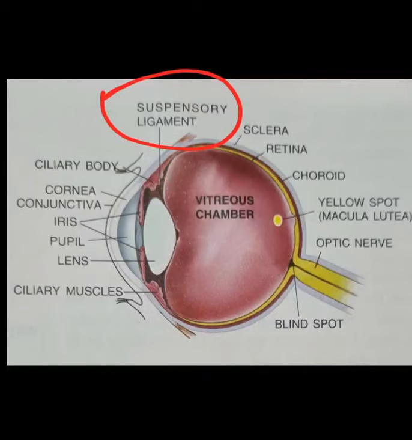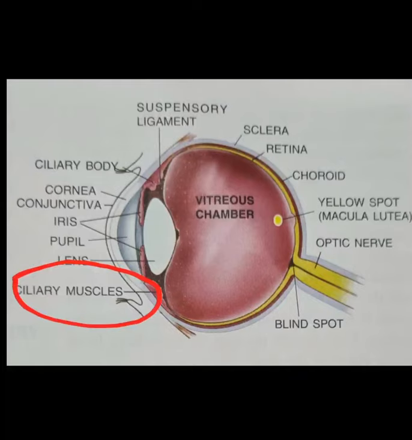From the front side, the lens is also held up by the ciliary muscles, or we call it the ciliary body. These ciliary muscles help in altering the shape of the lens to change its focal length according to our requirement. So this is all about the lens.